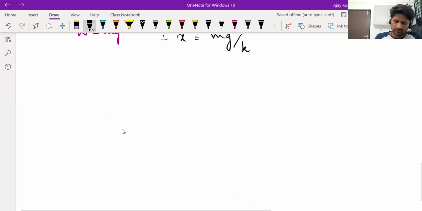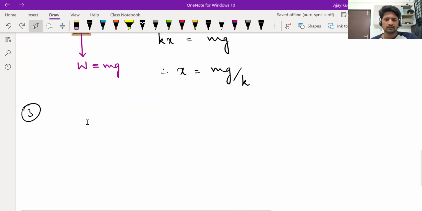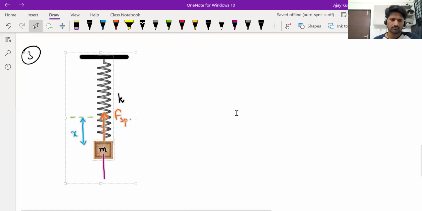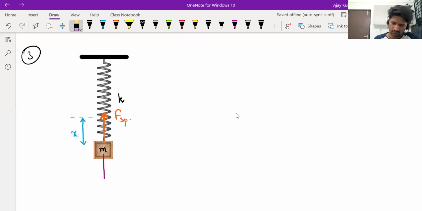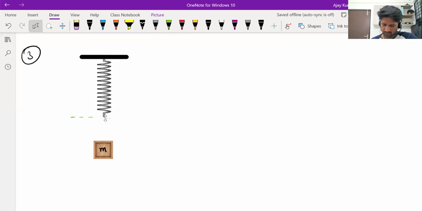Now consider a situation like this. Assume this is the natural length of the spring.